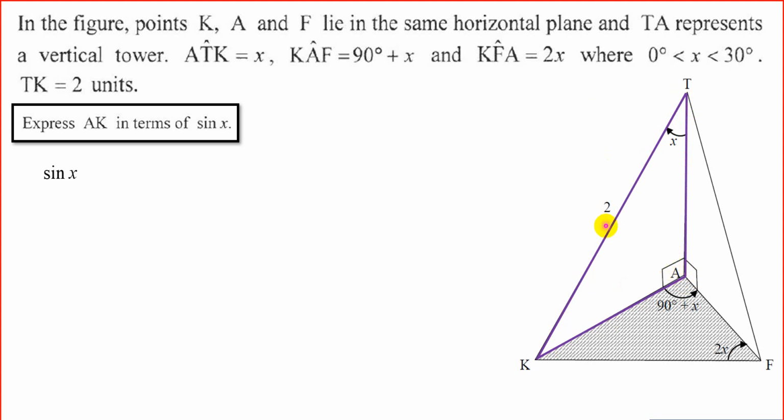I'm going to look at what the question wants, which is AK. In terms of the angle that is given, X, AK is the opposite. And in this triangle, TK is given, which will be our hypotenuse.